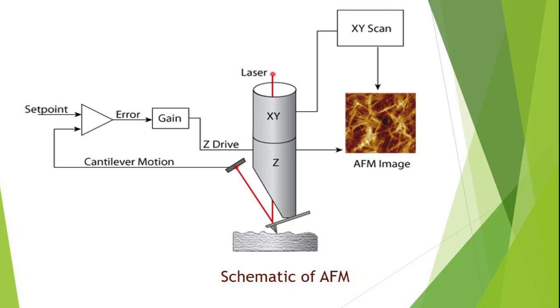The signals from the photodetector are sent to an electronic circuit which processes the data, and with the result the data gives, it moves the piezoelectrodes in X, Y and Z directions, which helps in the result transformation, and as a result an AFM image is obtained.